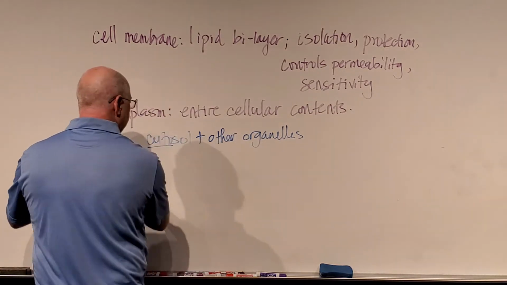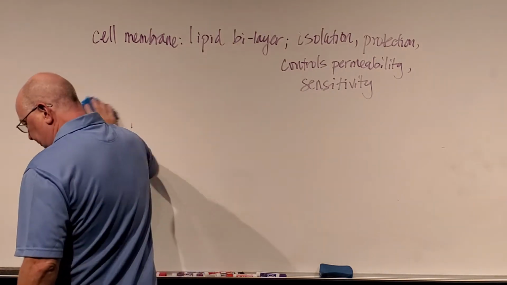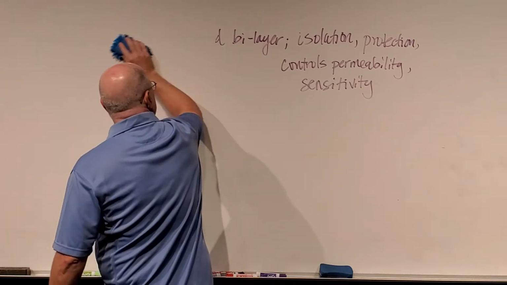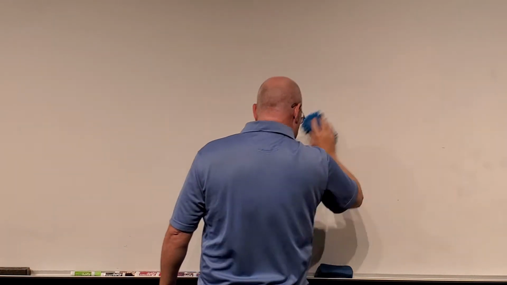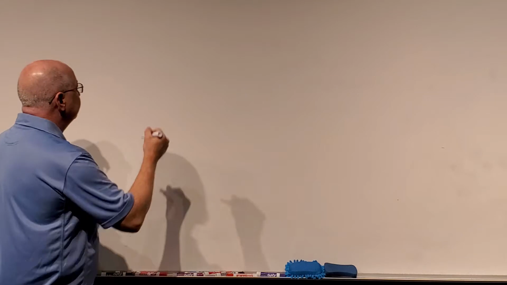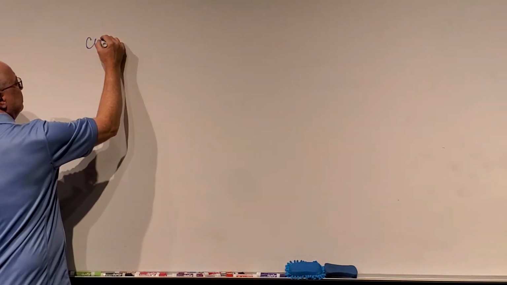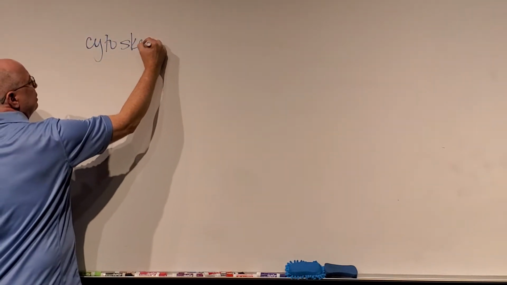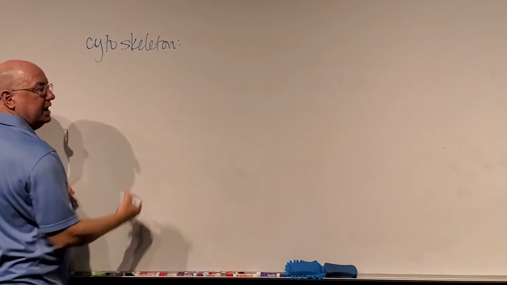Now the next organelle we can talk about is going to be the cytoskeleton. And I mentioned this in one of the previous videos. When we talk about the cytoskeleton, cyto means cell, and skeleton means exactly that.